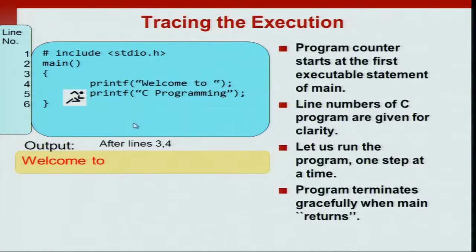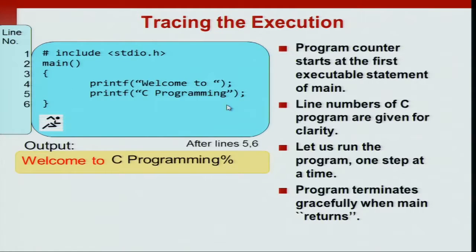Okay. So, first we execute the first line of the code. After we are done executing lines 3 and 4, the message welcome to will be printed on the terminal. This will be followed by the next line. So, the next line says C programming. Okay.